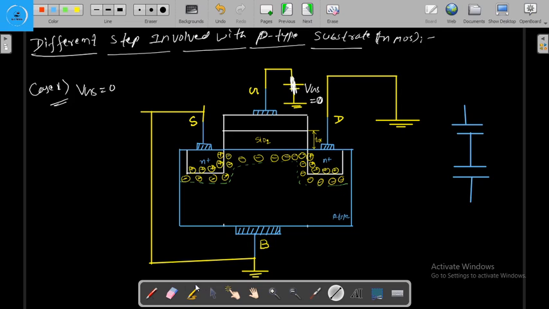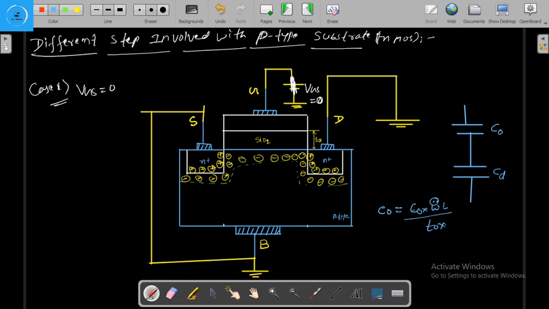So this is the gate oxide capacitance and this is the depletion capacitance. As we know, the gate oxide capacitance CO is equal to epsilon OX into the area W L, divided by TOX.